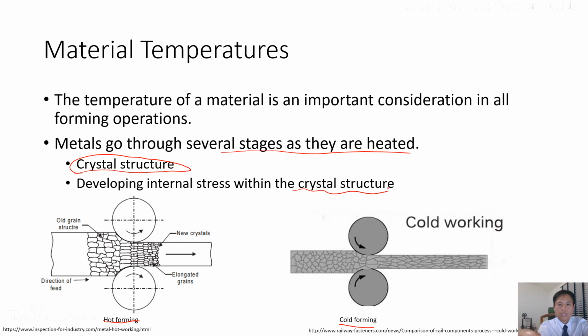That's the process. So let's just say this is the molten metal, and while it's solidifying, it starts creating a certain crystal structure like this. It could be random, or it's a certain pattern, like a crystal structure.